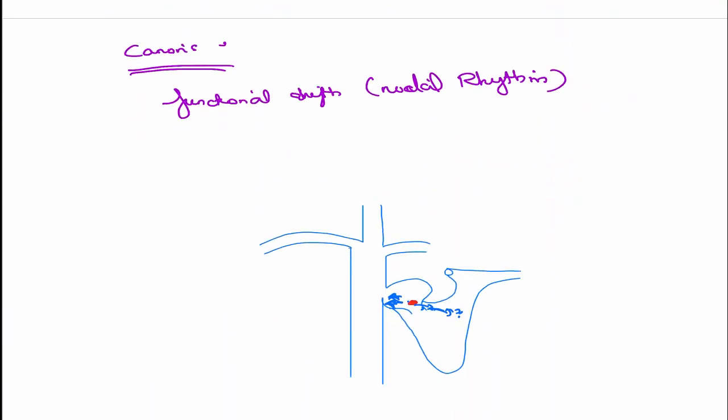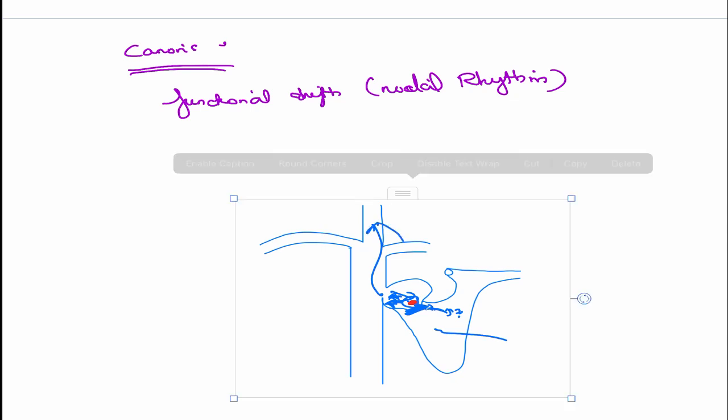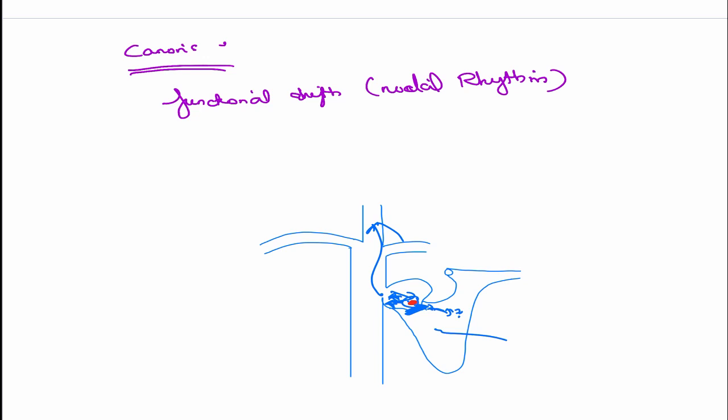But here, as the AV node is controlling both atrium and ventricle, they regularly contract together. When the ventricle contracts, the AV valve is closed, and we get a high pressure contraction and a very huge Cannon wave. So this is where we get Cannon waves regularly, known as junctional rhythm or nodal rhythm. These are the questions which have been asked.